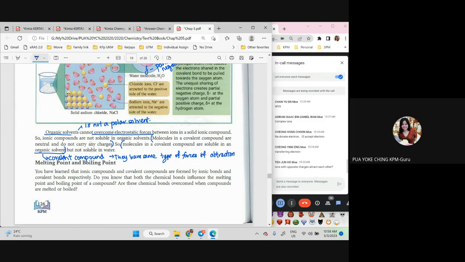Mereka semua ni adalah covalent compound. So mereka ada daya tarikan yang sama, which is your van der Waals forces of attraction. So since they have same forces of attraction, so they can dissolve. Okay?